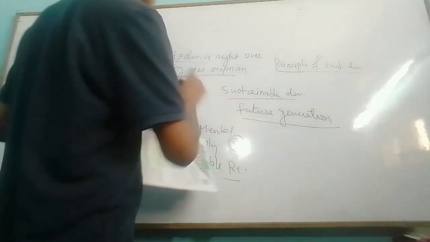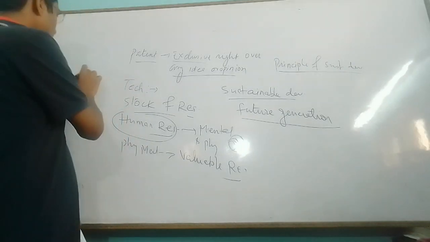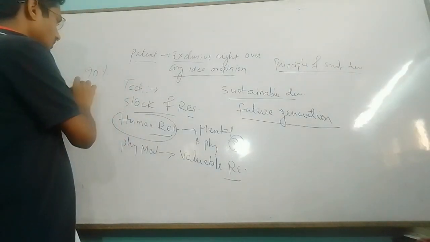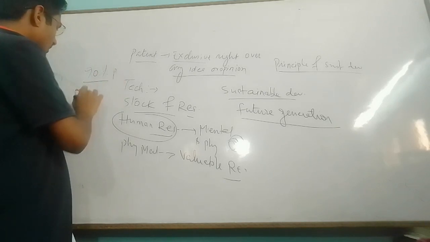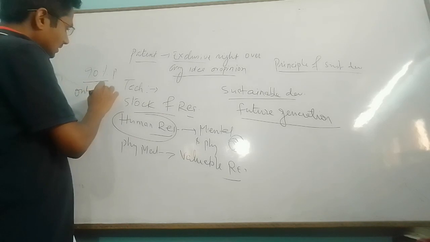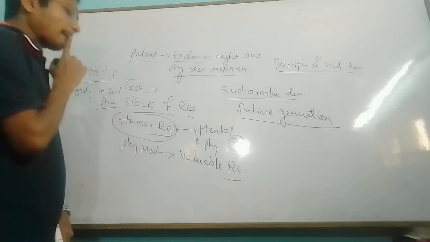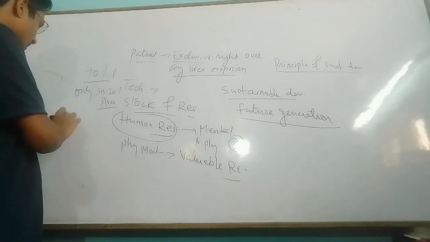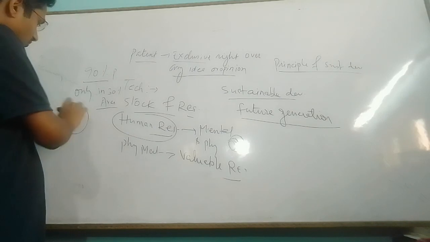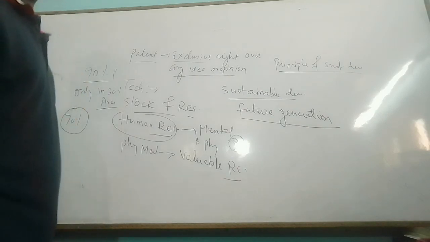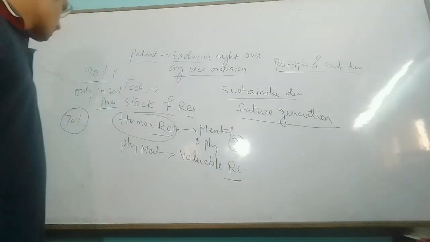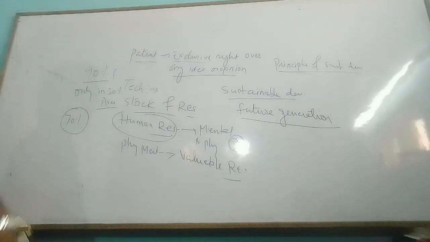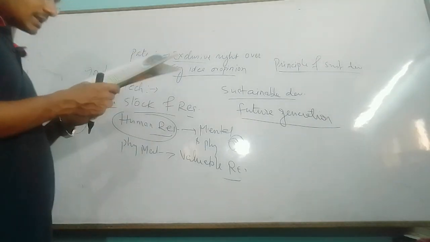It means 90% of people only survive in 30% of the area. 30% area means 70% of the area is without population, meaning there are no people. This is the thing which you have to keep in your mind.